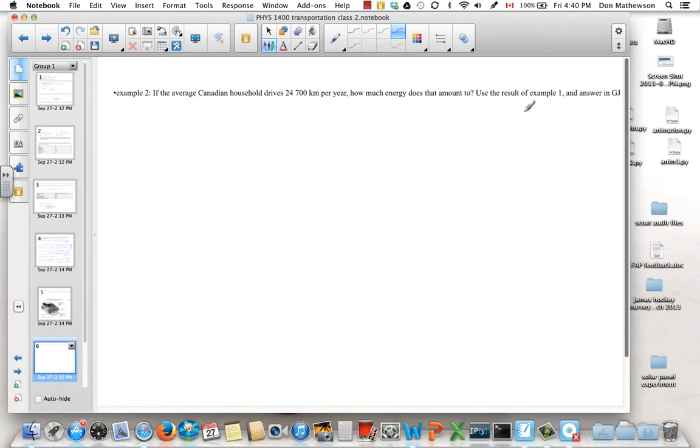So let's use that value we just had of 3.14 million joules per kilometer, so about 3.4 megajoules per kilometer, and then use the average driving distance per year. A typical household in Canada drives about 24,700 kilometers per year.